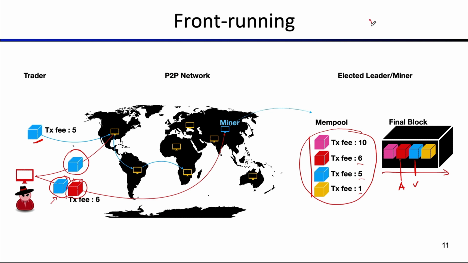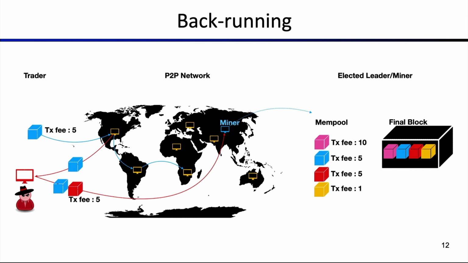I can recommend you check out the paper Flash Boys 2.0. Flash Boys was a high frequency trading book many years back, and Flash Boys 2.0 is one of the first papers that discusses front running in the public permissionless peer-to-peer networks of blockchains.